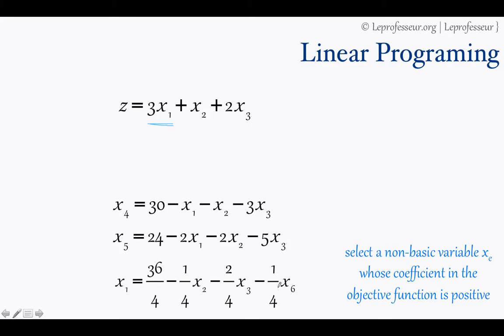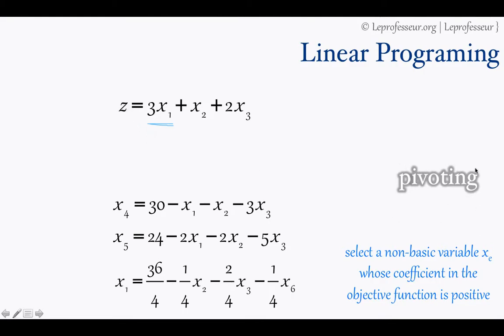Now here, see, x6 has a negative coefficient, which means that if we increase the value of x6, it will decrease the value of x1. If we substitute x1 into z, then we would have negative x6. So we can't increase x6, otherwise it will make our objective function value lower.